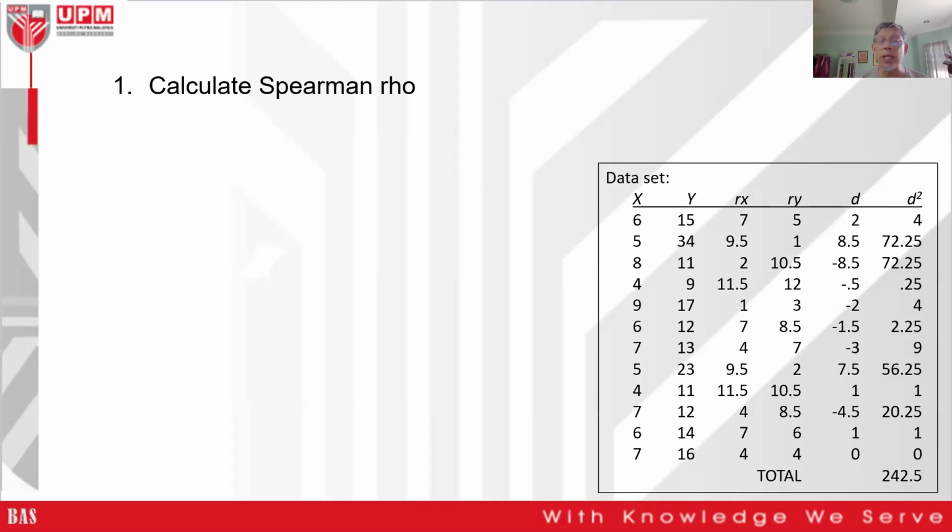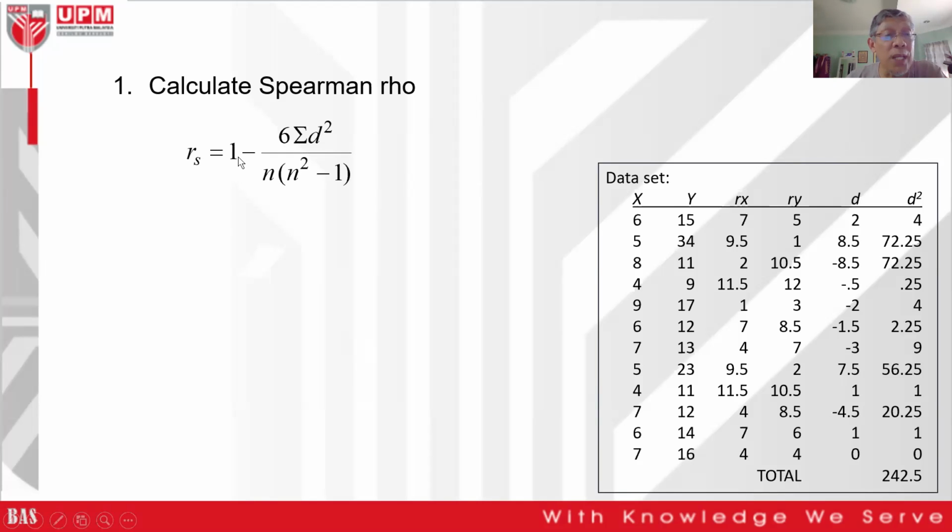Once we get summation D square, then we can calculate our rs, where rs equals 1 minus... Just a gentle reminder here. Based on experience, some students, when they are so engrossed with the formula, write it as 1 minus 6 summation D square, the whole thing divided by n square minus 1, which is not right.